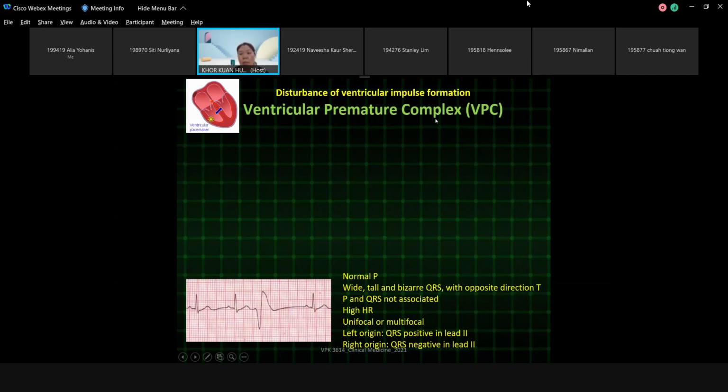Ventricular premature complex, VPC. VPC gives you a normal P wave. Where is the P? The P is gone.